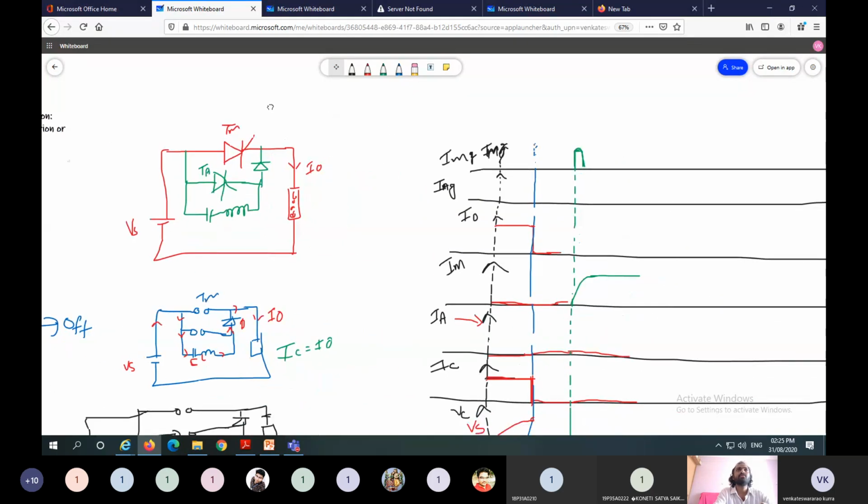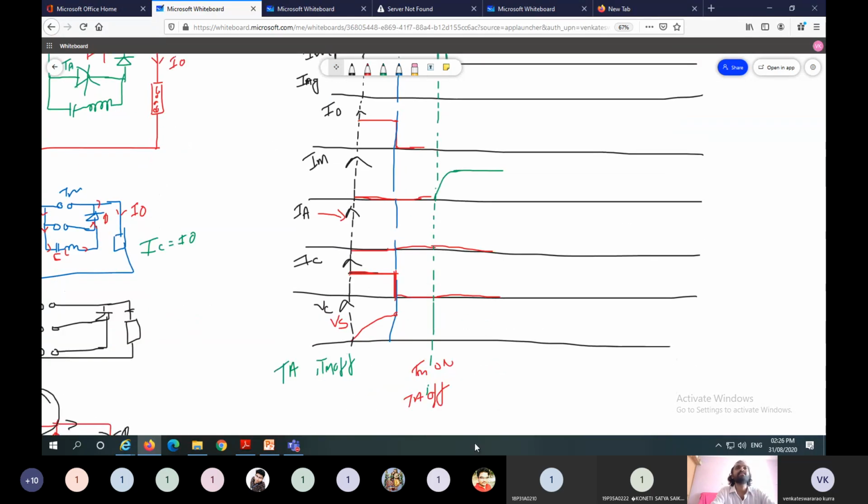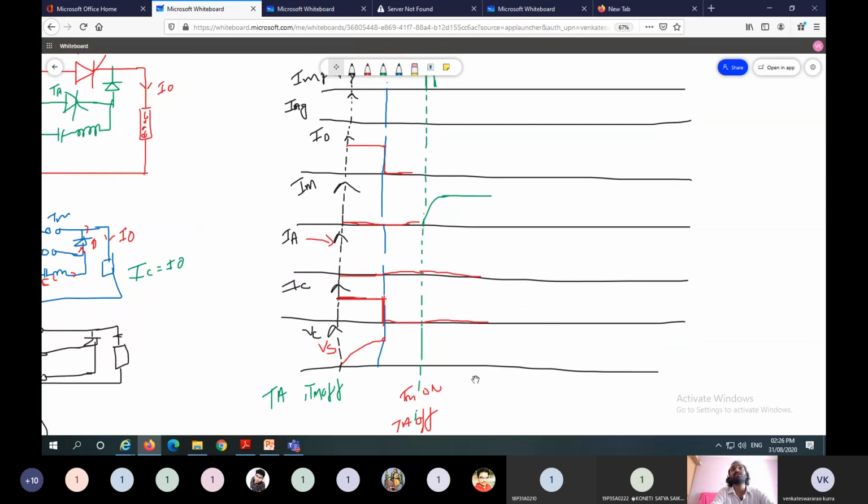So now apply gate signal to TA at this line. At this line, TM is off and TA is off after certain time. And voltage across capacitor is the same, the voltage is maintained. This one is voltage across capacitor.